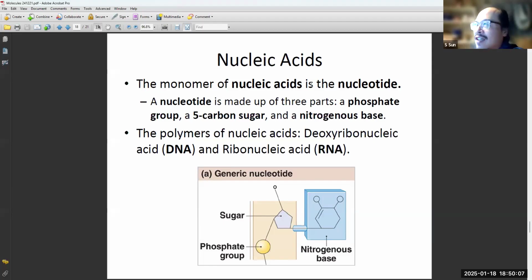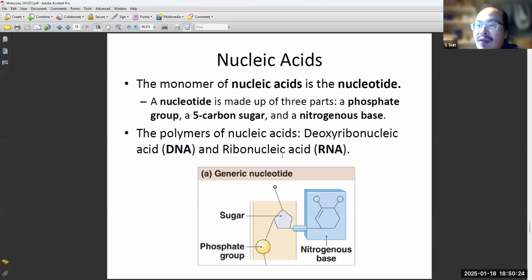All right, so that's nucleic acids. The polymers are DNA, deoxyribonucleic acid, and RNA, ribonucleic acid. So those are the genetic coding materials.